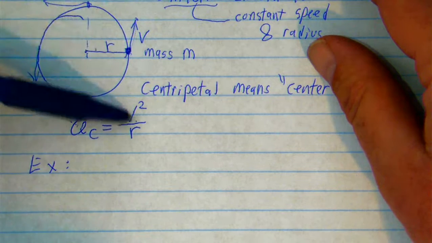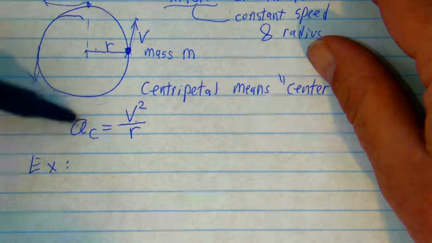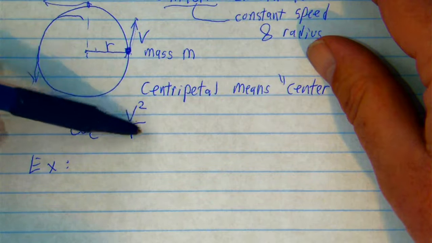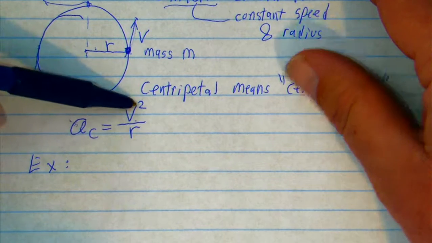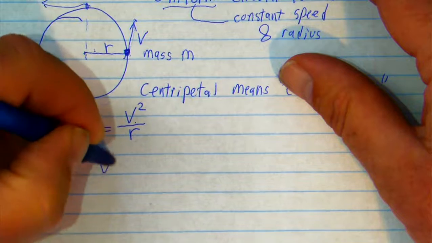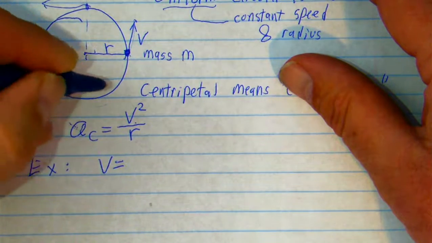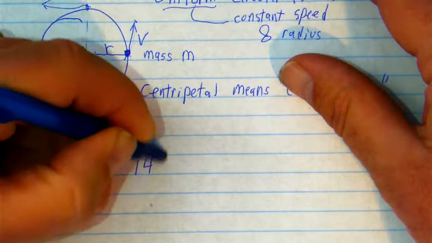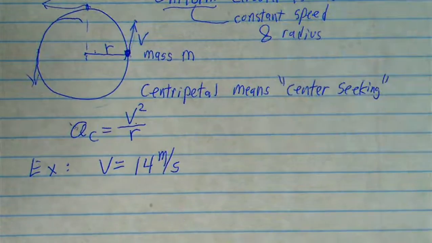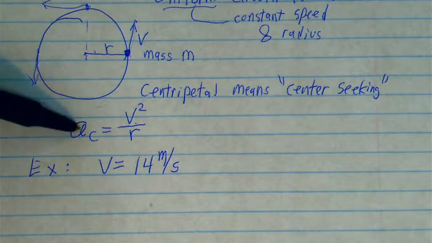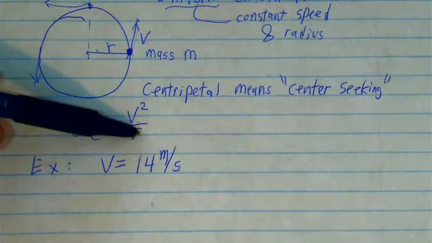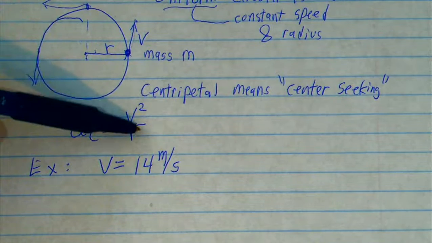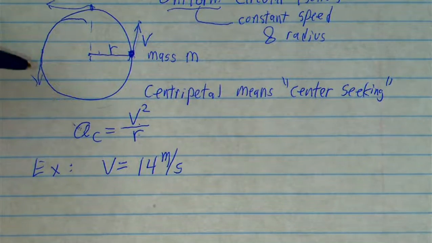If I knew v and r, I can solve for a. If I knew a and v, I can solve for r. If I know a and r, I can solve for v. So making up a problem, suppose that the speed is 14 meters per second. And so either I now need to be given the acceleration so we can solve for r, or I need to be given the radius so that we can solve for the acceleration.